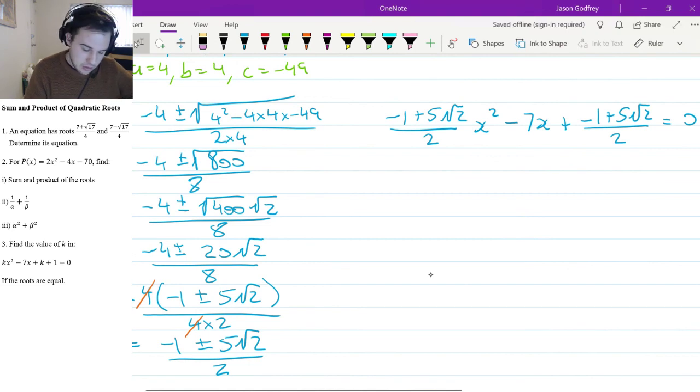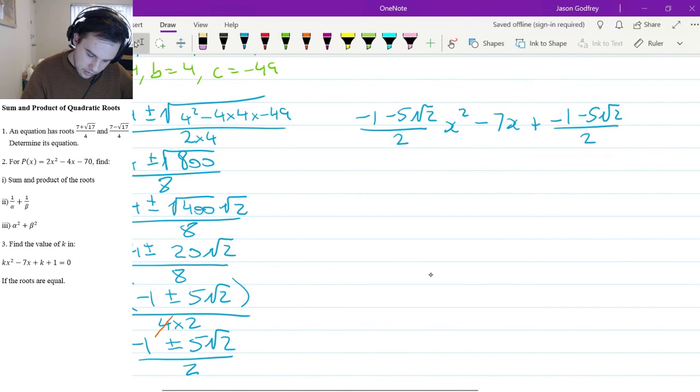But there were two solutions, so the same thing if you calculate negative 1 minus 5 root 2 on 2 as a value for k. And sorry, the constant was actually k plus 1. So this is k plus 1.